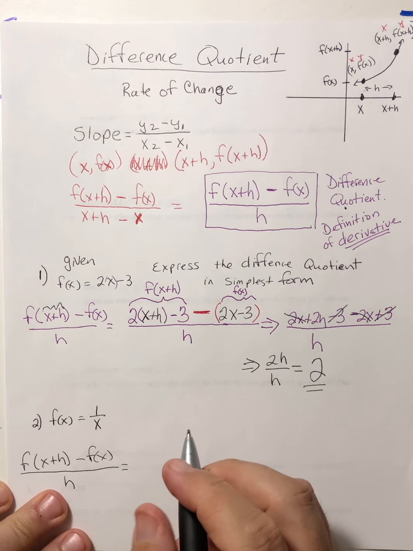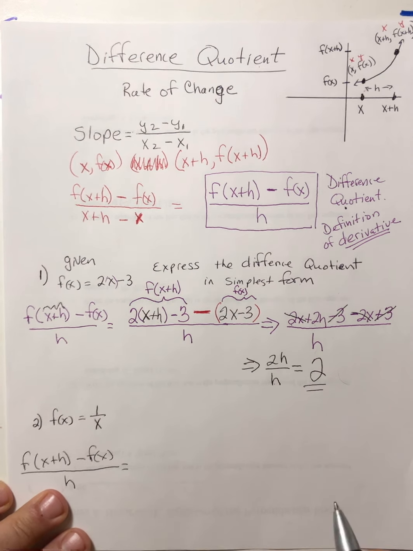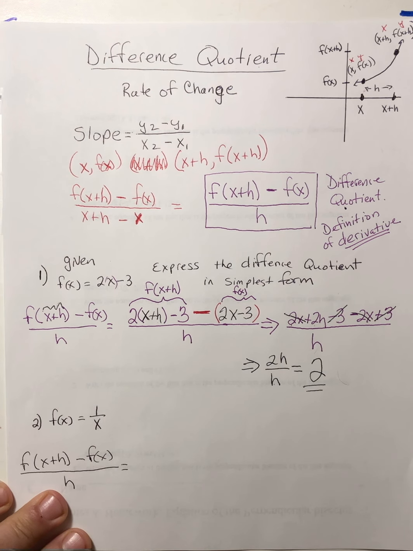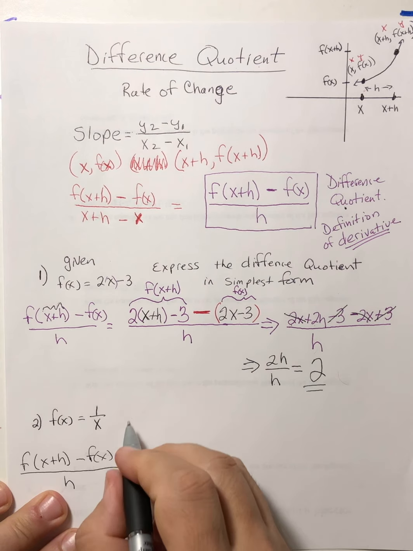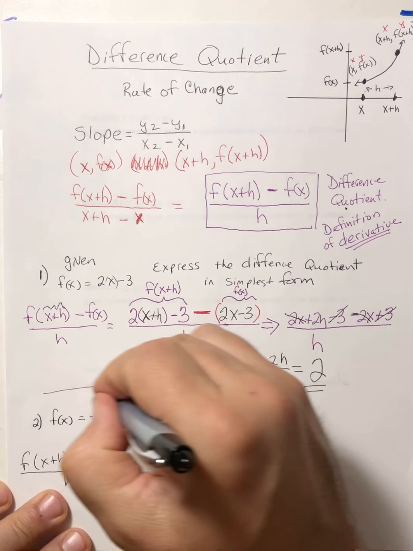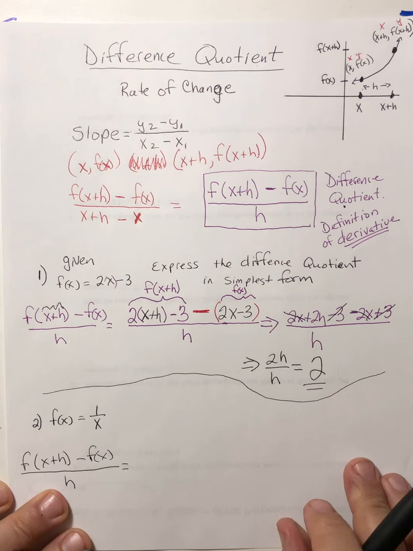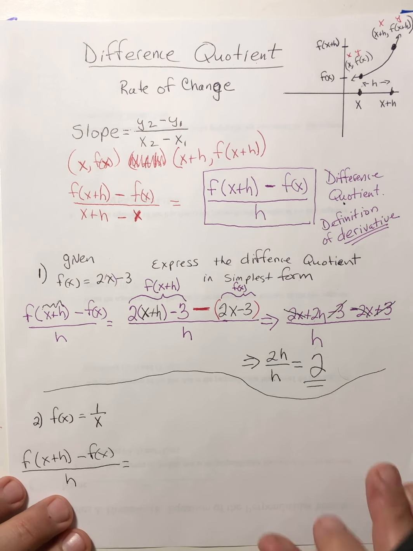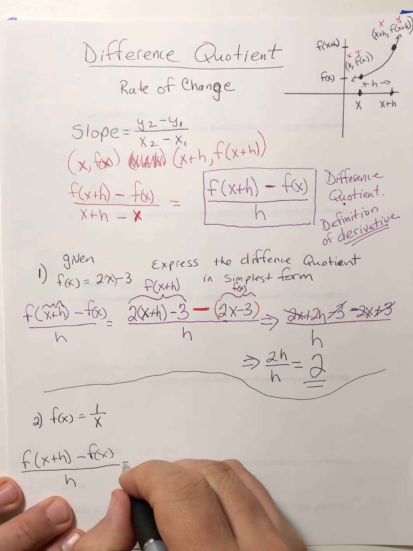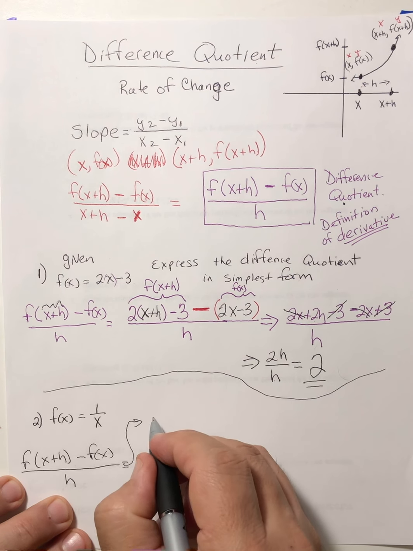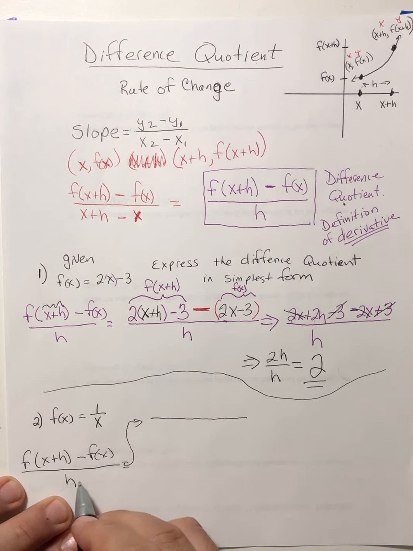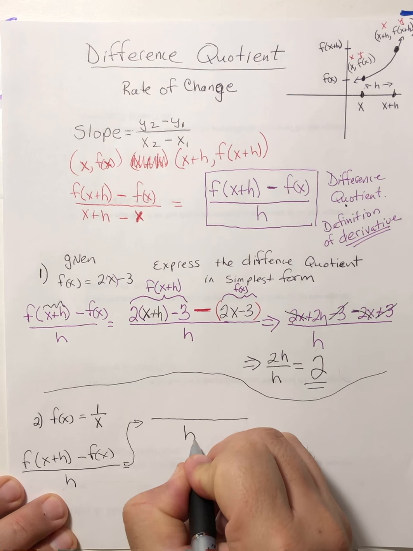All right, I'm going to start doing my substitutions up higher so I can have more room to work, so I don't run out of room on my paper. What's in the denominator? That's right, it's just an h.